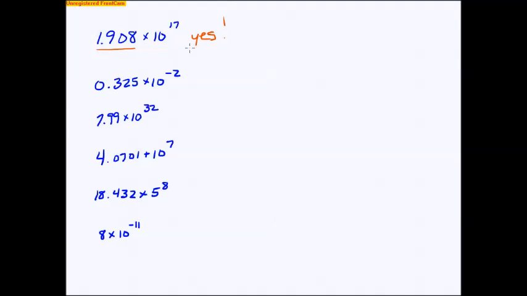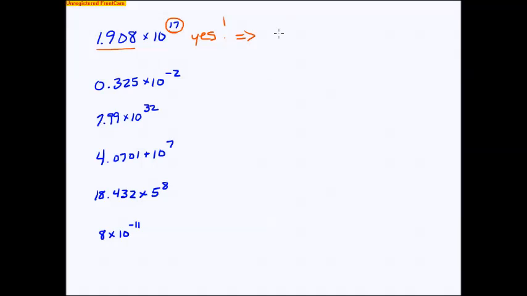This is in scientific notation. Now if I want to convert that number to a regular number, here's all I do. I look at this exponent, and since it is positive, I'm going to take this decimal and move it that many places to the right.